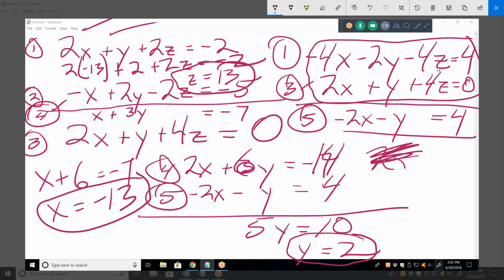In other words, there are all kinds of easier steps after that, but you've got to get it down to an equation 4 and an equation 5 that only have 2 variables, the same 2 in each. It wouldn't do any good if that was a z. I can't solve it. It's got to be x and y, or y and z, or x and z. It does not matter which variable you eliminate first.